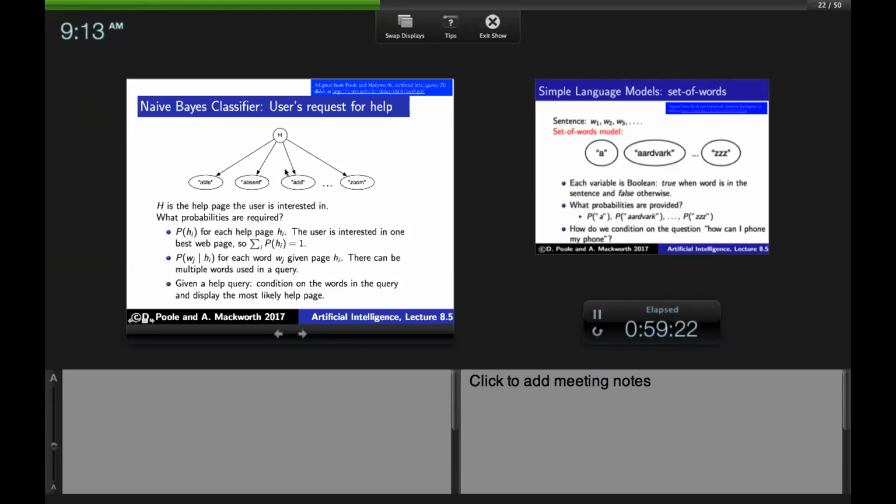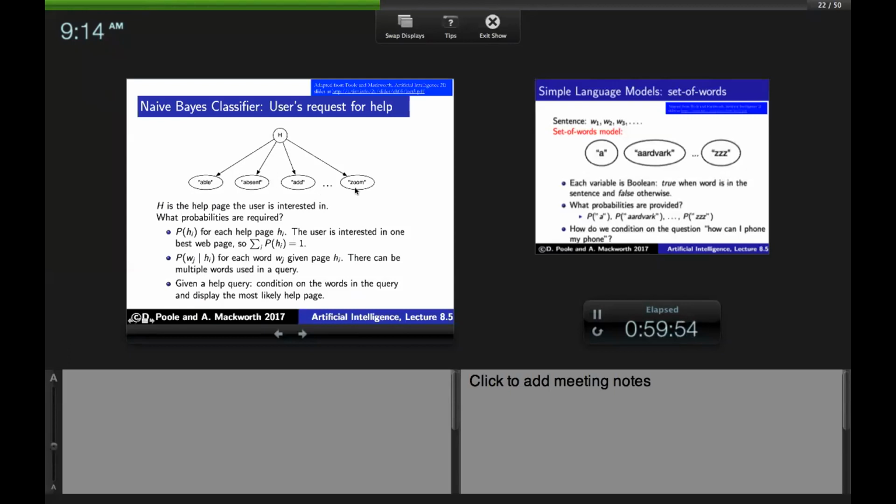This is a simple example, and so if you want to compute the values of a conjunction of words, in this particular case, using the naive Bayesian classifier, it's going to be the probability of a particular value for this variable times the conditional probability of a particular setting for this variable conditioned on H times the conditional probability of a value given here, given H, etc.